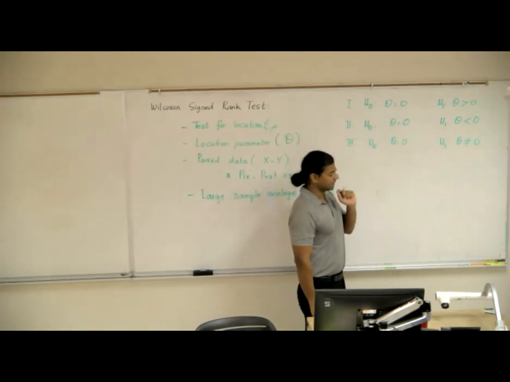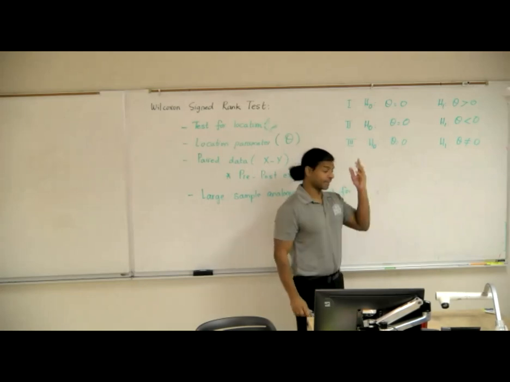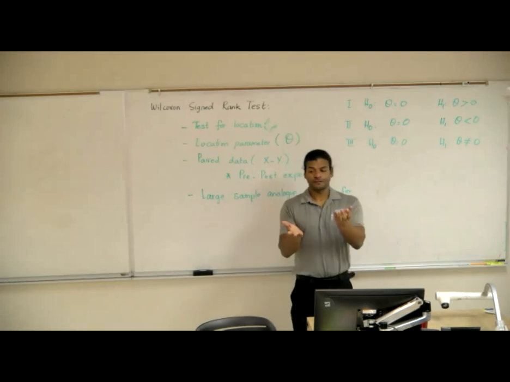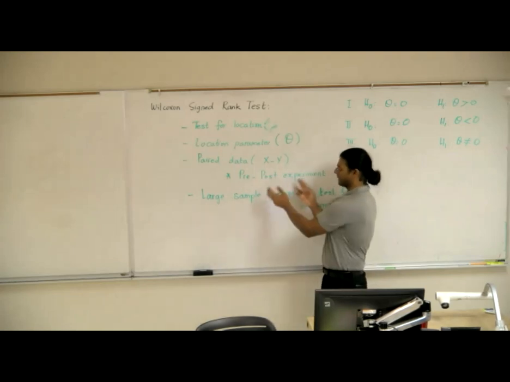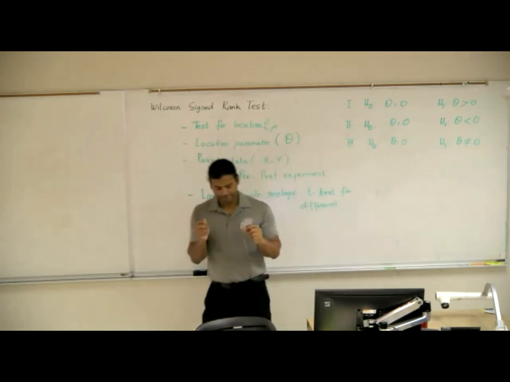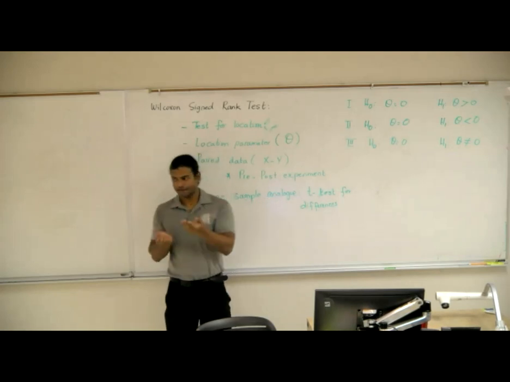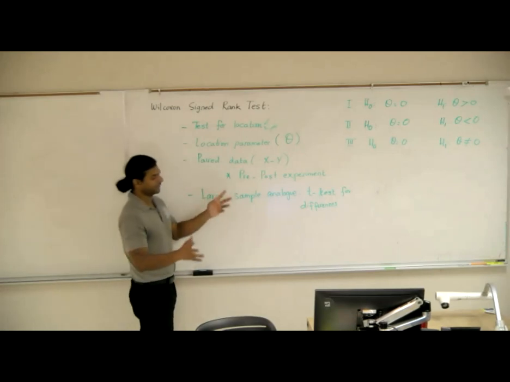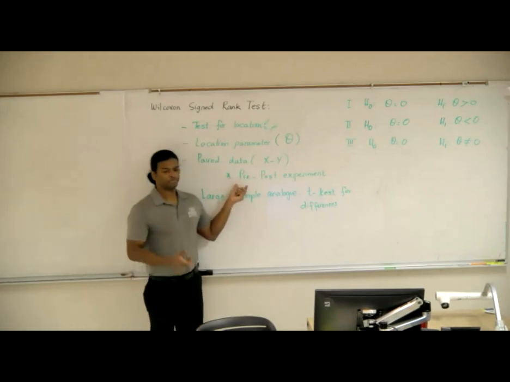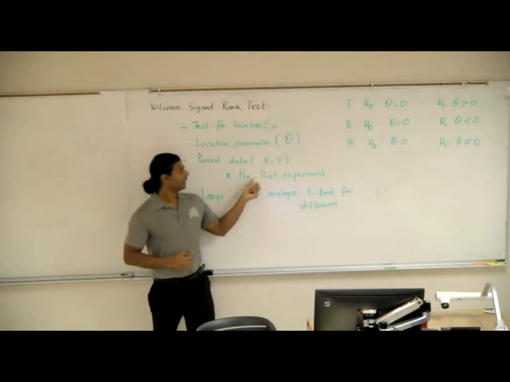Now, what does the location parameter measure? By all means, the location parameter is going to determine if the differences are meaningful. So going back to our pre-post experiment, if I want to determine the effectiveness of a drug, for instance, diabetes, blood sugar prior to the experiment, high blood sugar, diabetes.